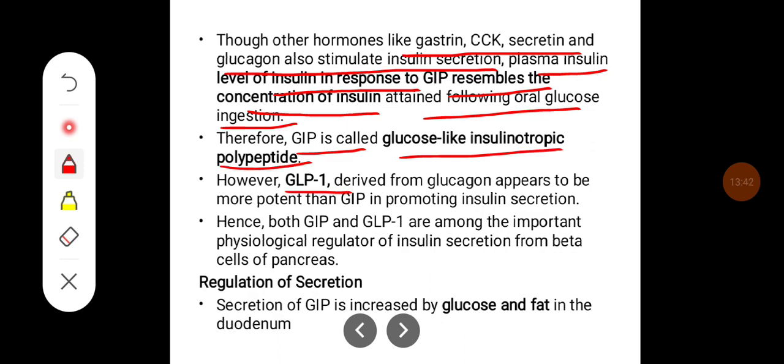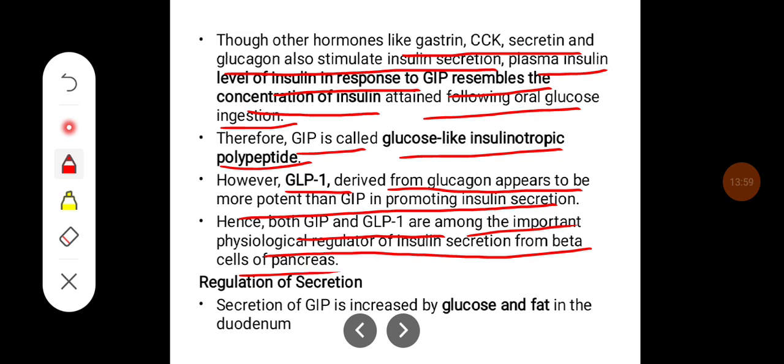However, GLP-1 derived from glucagon appears to be more potent than GIP in promoting insulin secretion. Hence, both GIP and GLP-1 are important physiological regulators of insulin secretion from beta cells of the pancreas. Its secretion is regulated by increased glucose and fat in the duodenum.